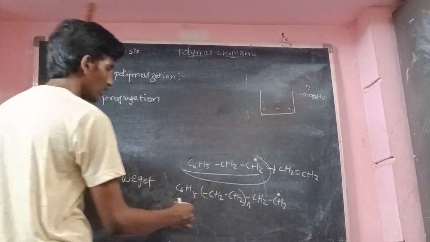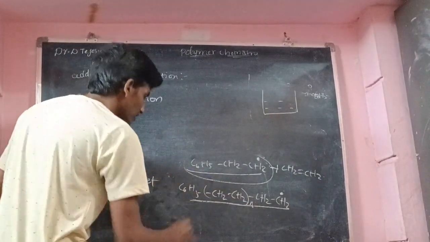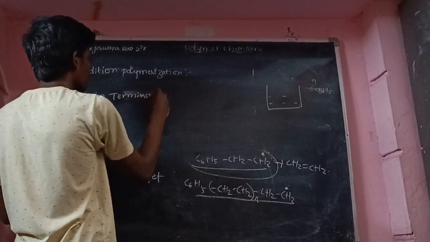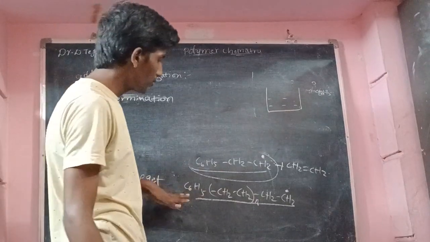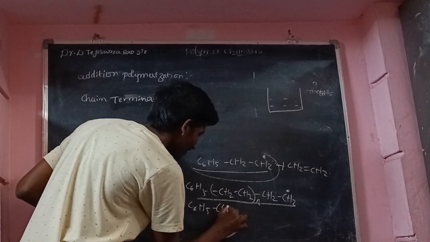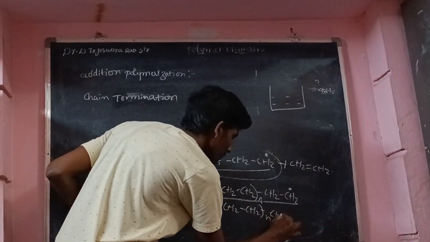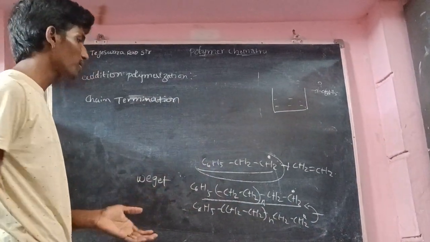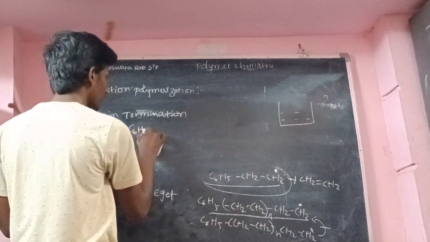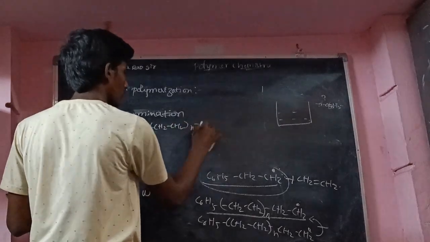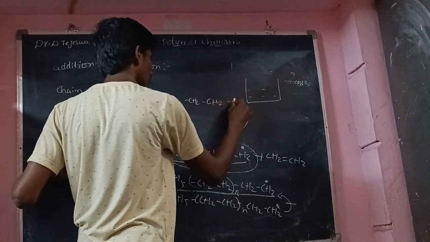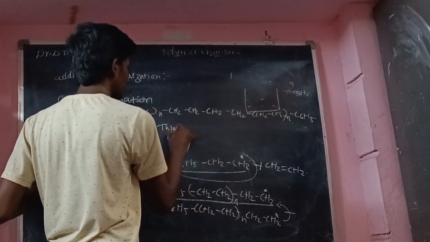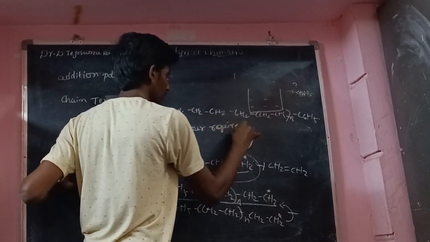Now chain termination. When two big chain molecules like this react with each other, we form our required polymer, polyethylene, with C6H5 at the ends.